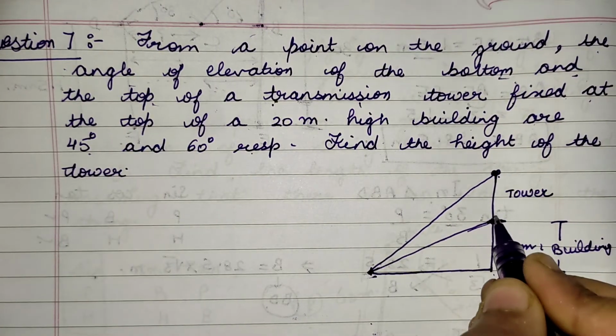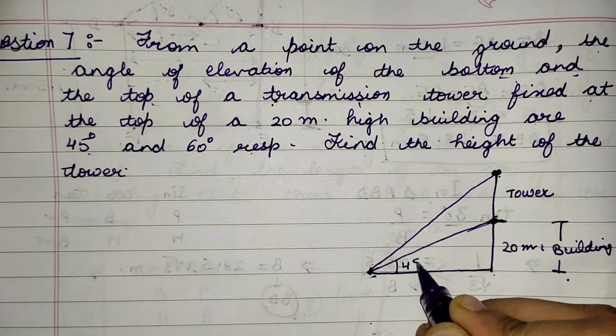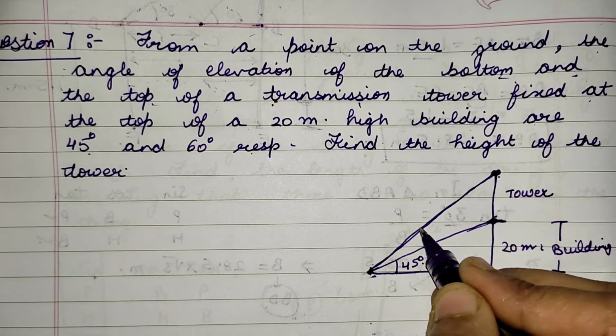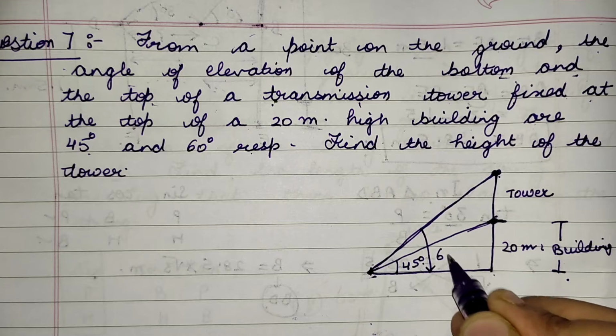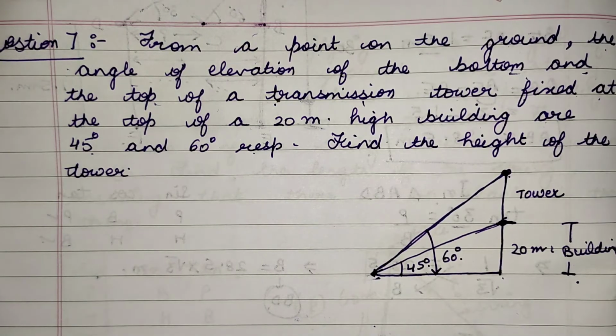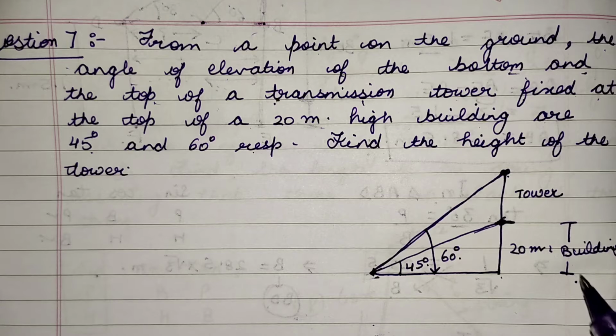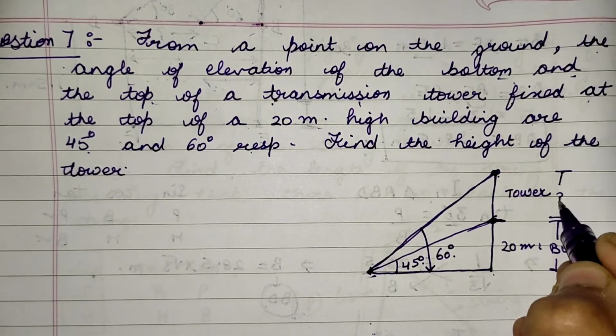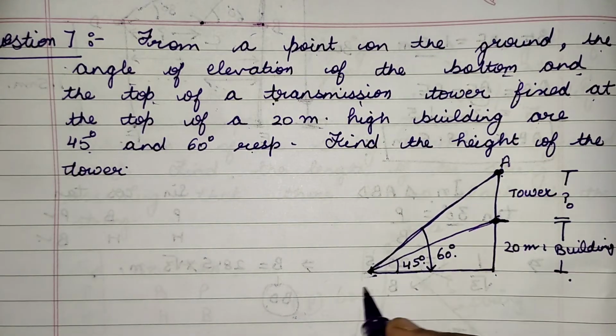At the bottom of this tower, this angle is equal to 45 degree, and at the top of this tower, the angle of elevation is equal to 60 degree. So what do we have to find out? We have to find out the height of the tower. This height we have to find out.